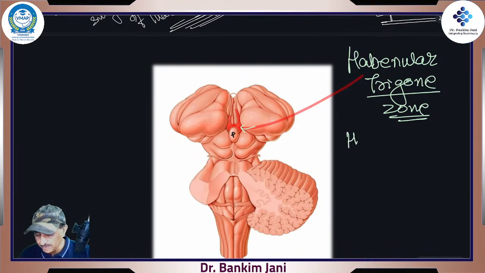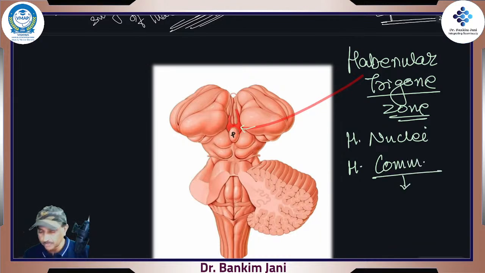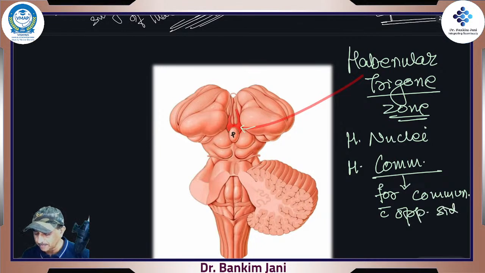So we have the habenular nuclei and the habenular commissure. When we say commissure, do remember it is communicating with the opposite side, right? So that's how the stria medullaris is landing over here.